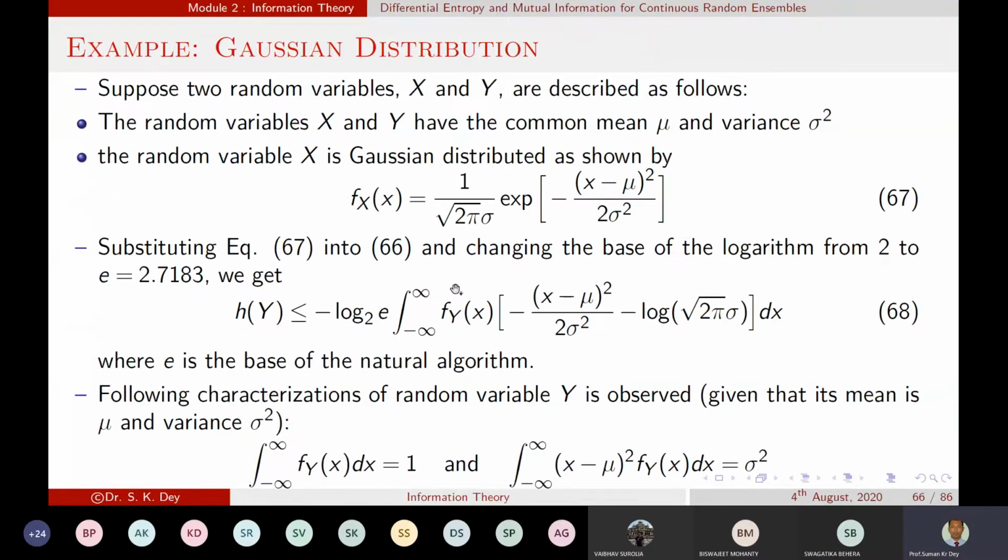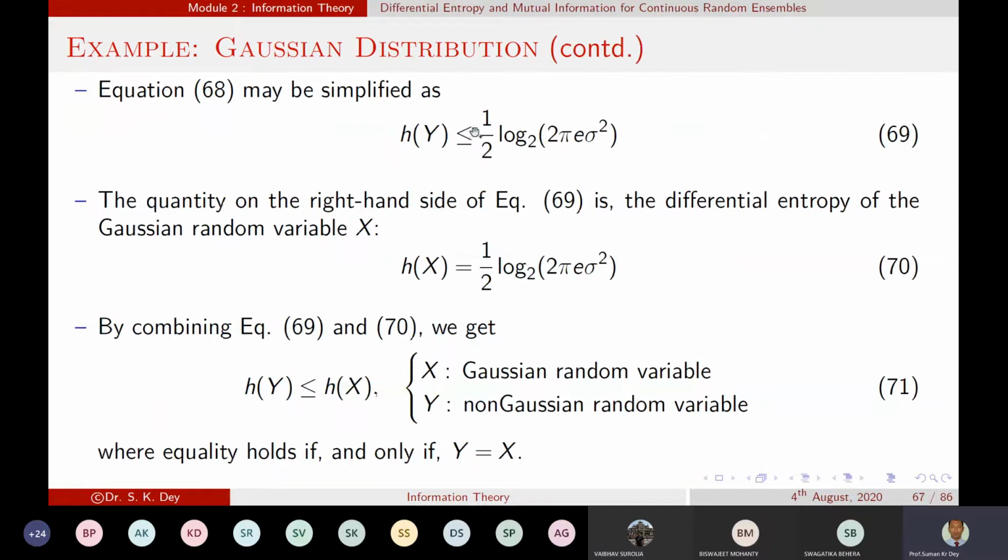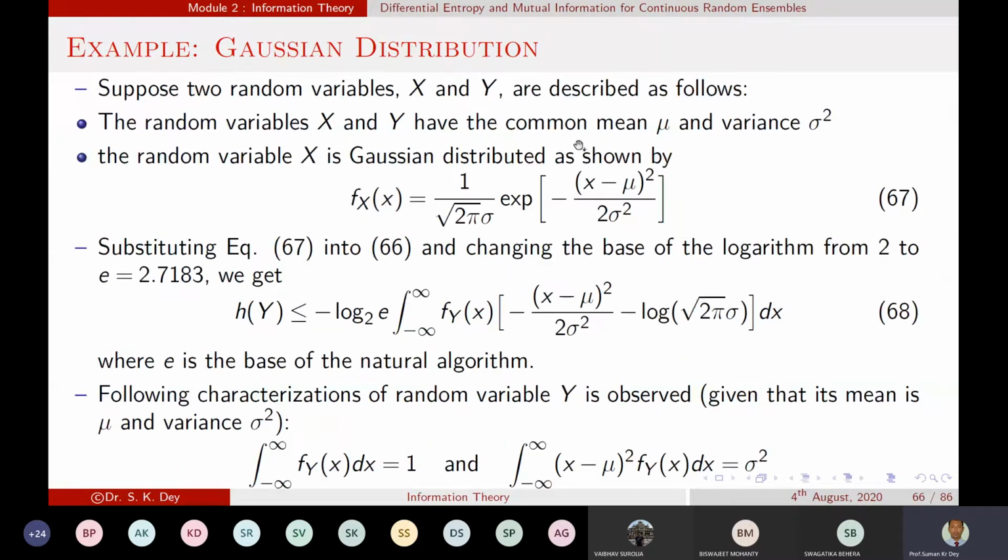Now if we simply use these two formulas in equation 68, what will we get? We will get h of y equal to 1 by 2 log base 2 of 2 pi e sigma square. Now check. In this expression, there are two terms in the integration portion. This is term 1, this is term 2.